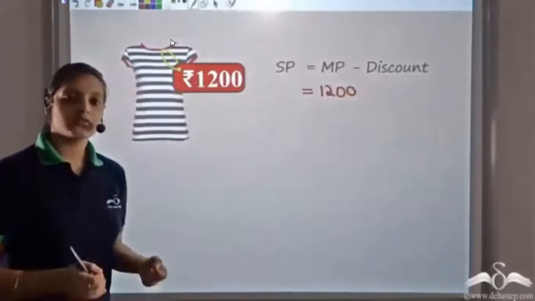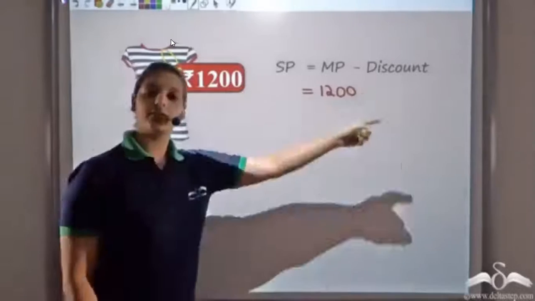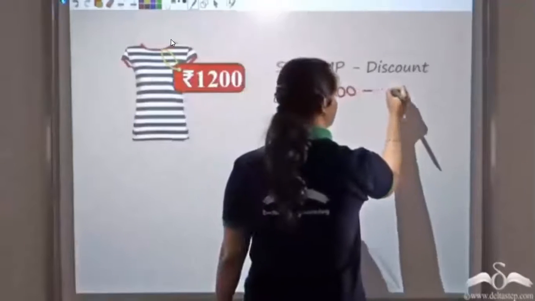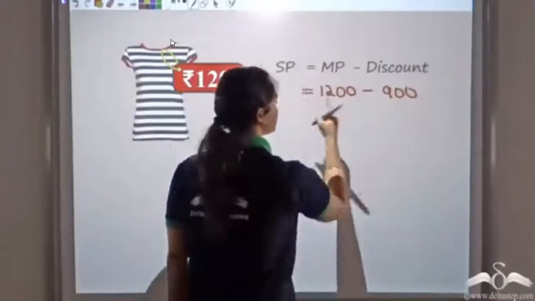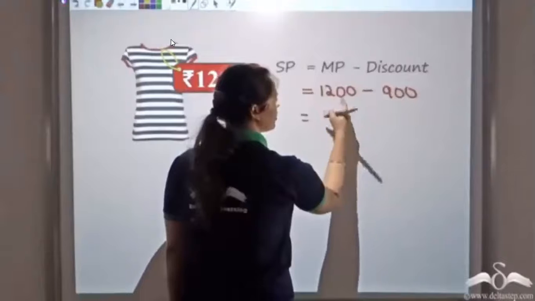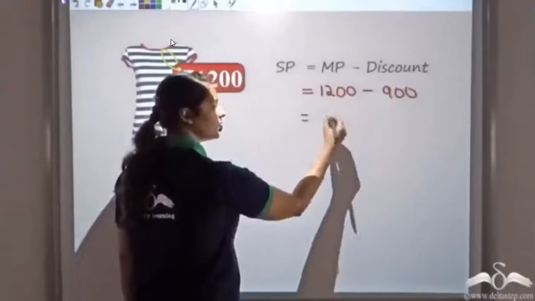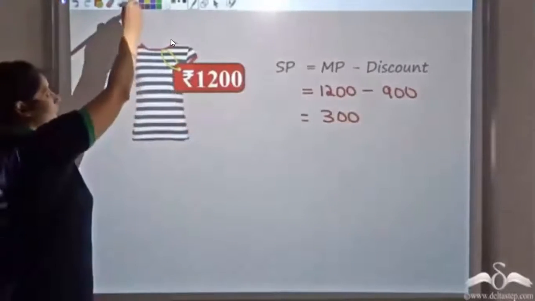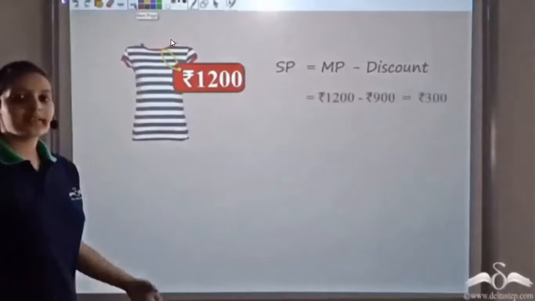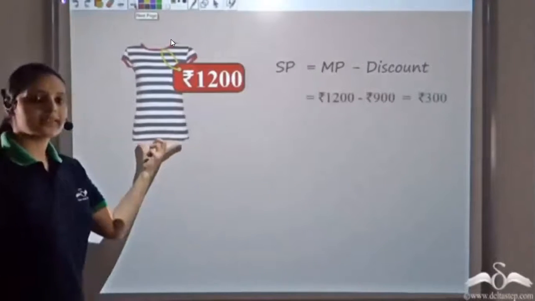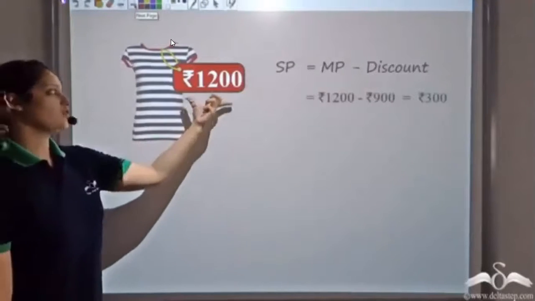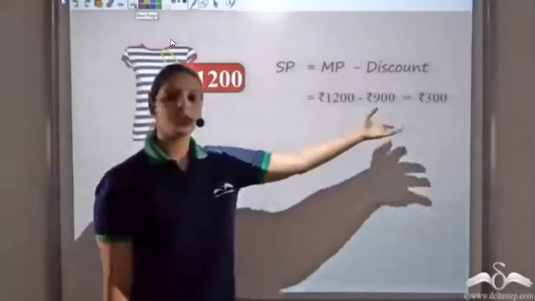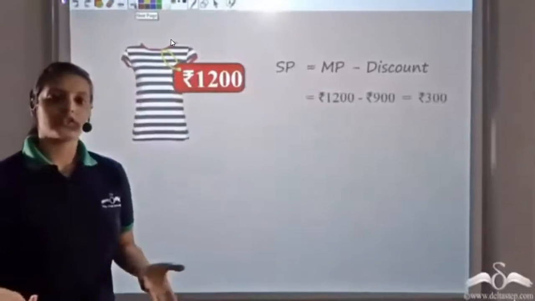The gift voucher for 900 rupees is the discount. So the selling price would be 1200 minus 900, which is 300 rupees. So the customer takes this t-shirt which is for 1200 rupees for just 300 rupees.